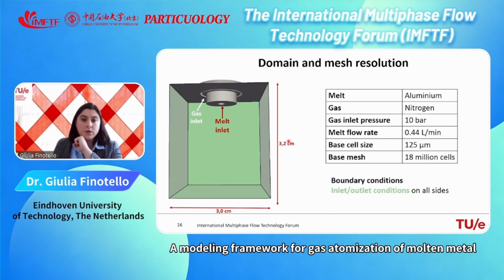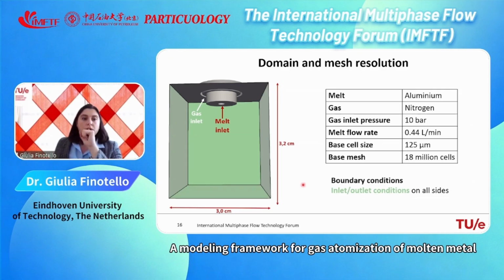For the melt, we use aluminum and for the gas nitrogen, and our inlet pressure is 10 bar in this case, but of course that's just a choice. The base cell size is 125 micron, which means that we have more than 18 million cells in our domain. We use inlet-outlet boundary conditions on all sides.